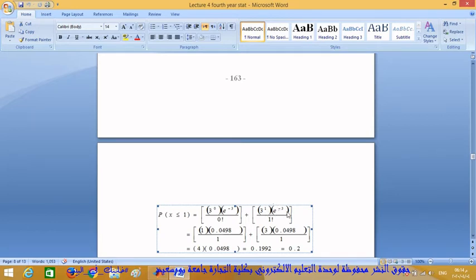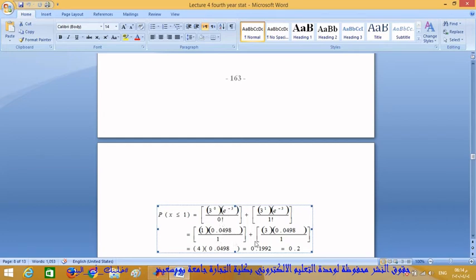Look, e power minus 3 is a constant here and here, and for any other probability, as lambda is fixed. Okay, so this does not change, otherwise lambda changes. So 3 power 0 equals 1, e power minus 3 equals 0.0498, divided by 0 factorial which equals 1.